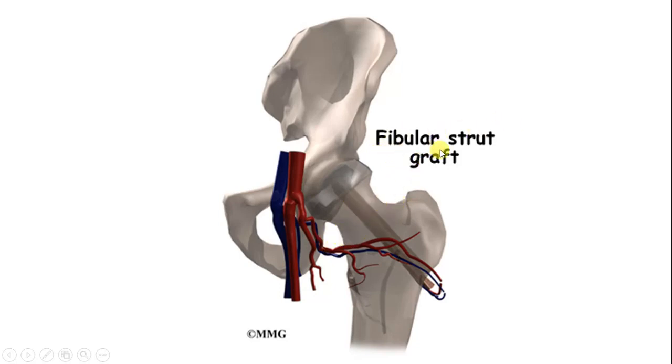It is a fibular strut graft, and here the blood supply has been re-established with the nutrient artery from a branch of the femoral artery. So nutrition is re-established. Nowadays this is not used because metallic screws and other things are available.